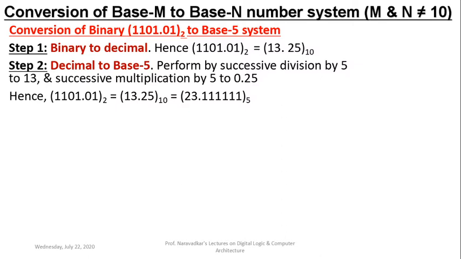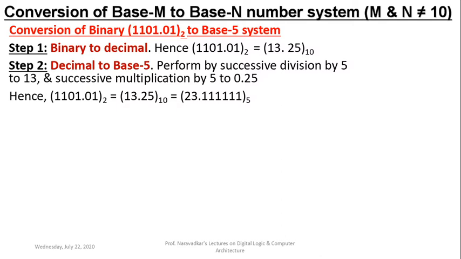Again in this case we are getting a recurring pattern for the fractional part, so we might have stopped after even 1 or 2 steps, and that is not wrong. So this is the conversion of binary into base 5 system. That way you can do it for any arbitrary number system to any other arbitrary base number system.